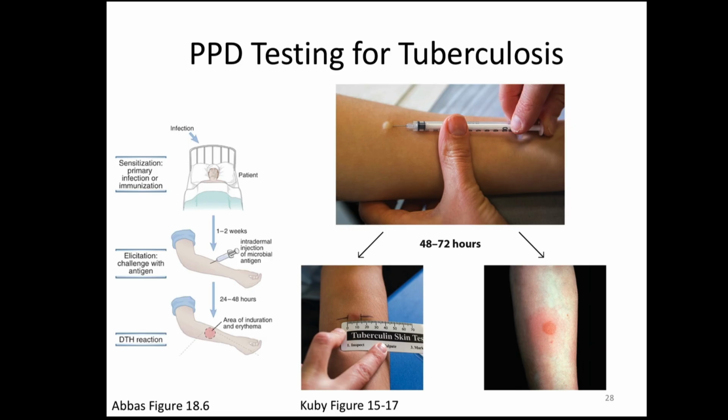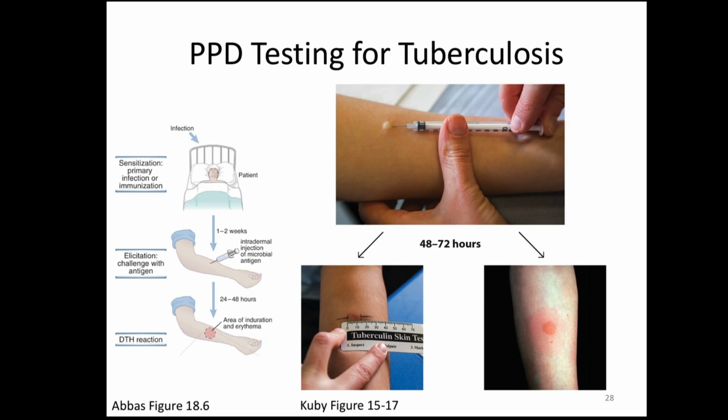So the idea is they will take a particular protein from this bacteria, the purified protein derivative, aka PPD, and they will inject a little bit of it into your skin. If you are not infected with this bacteria, you do not have an activated Th1 response.